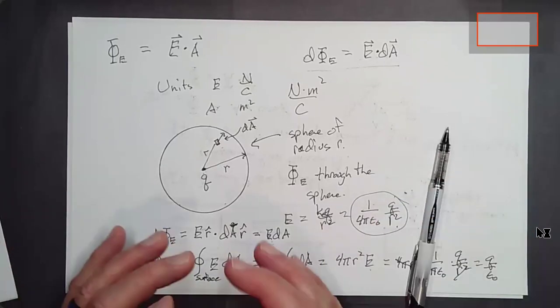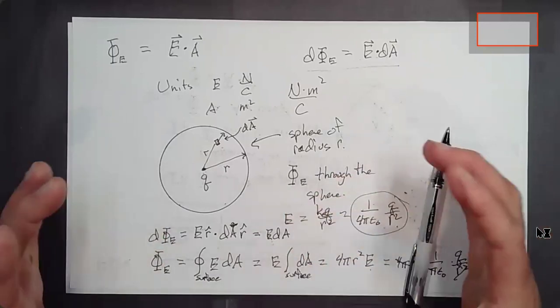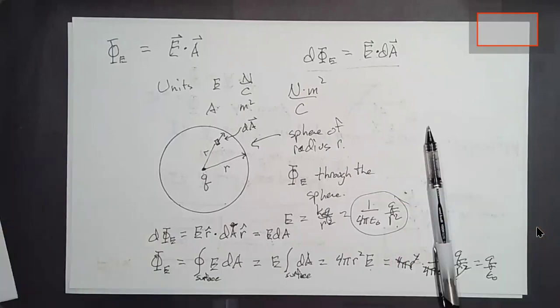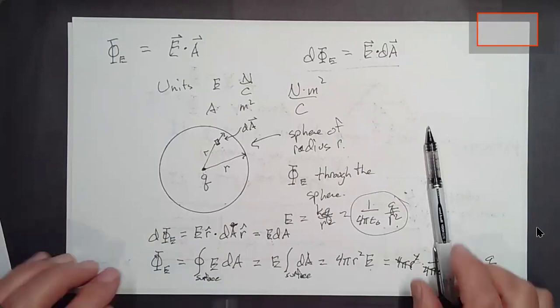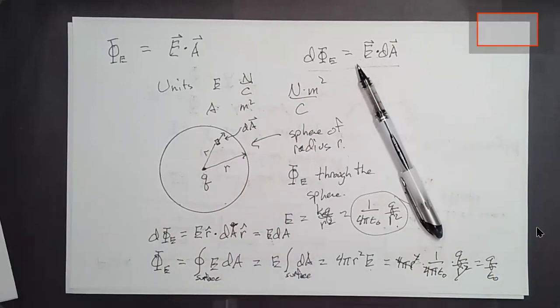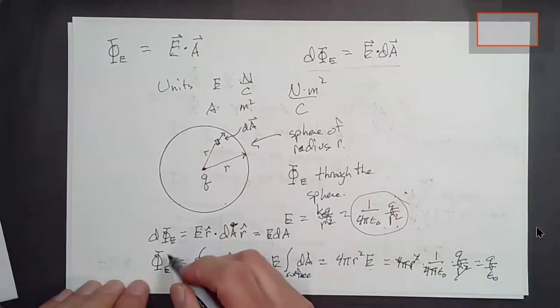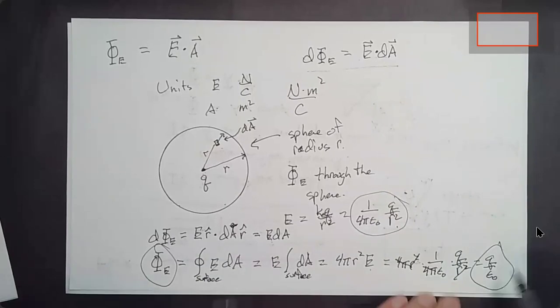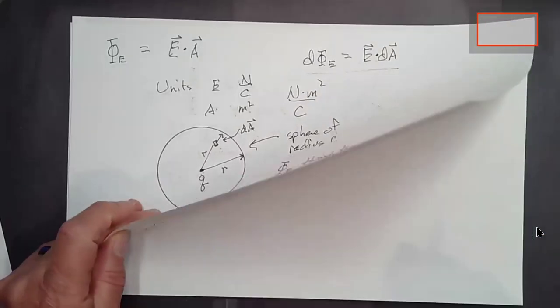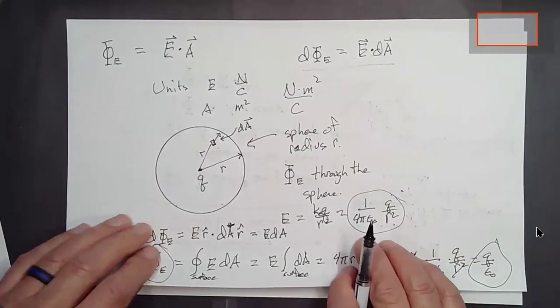That's why if you make the sphere twice as big in radius, it'll have 4 times the surface area, but the electric field has 1/4 the strength when you double the distance away from the charge. And so it balances out nicely. So when you have that, the flux of the electric field through that sphere just is equal to Q over ε₀. Okay, you can do all sorts of weird things monkeying around with this.